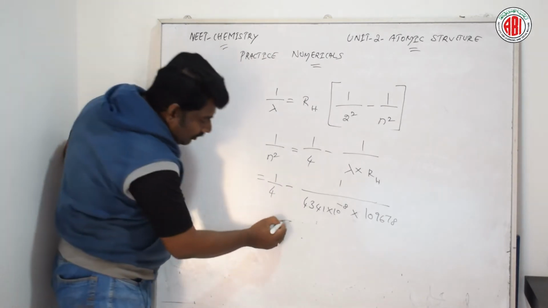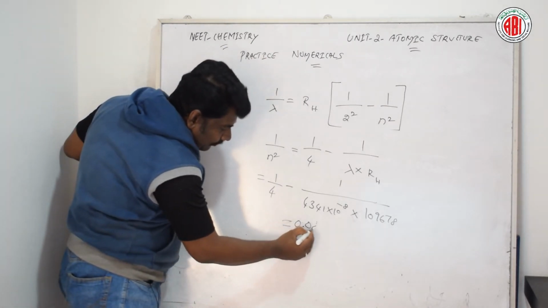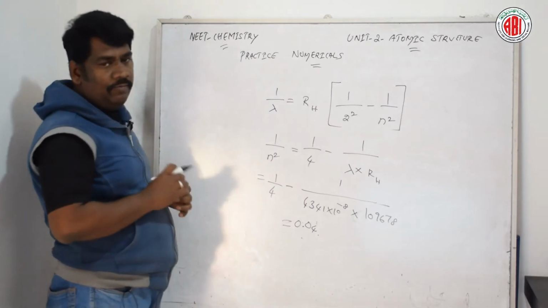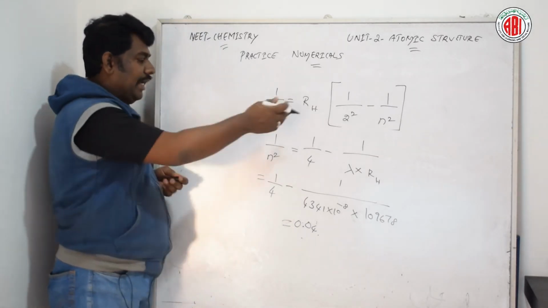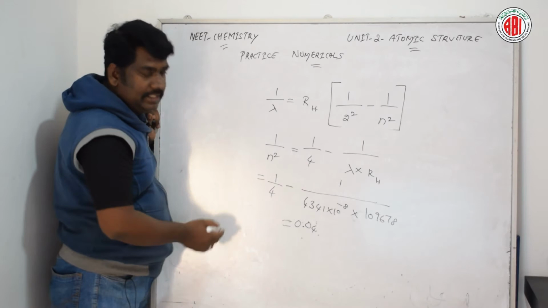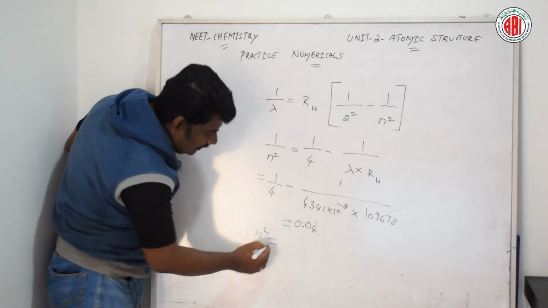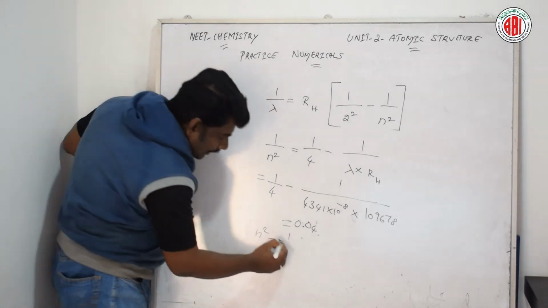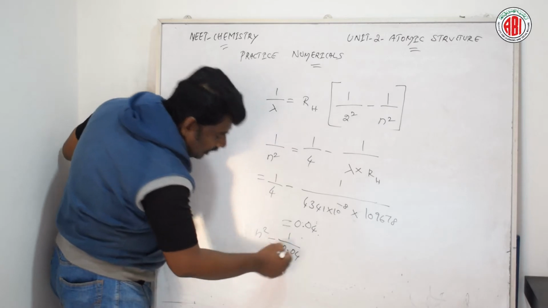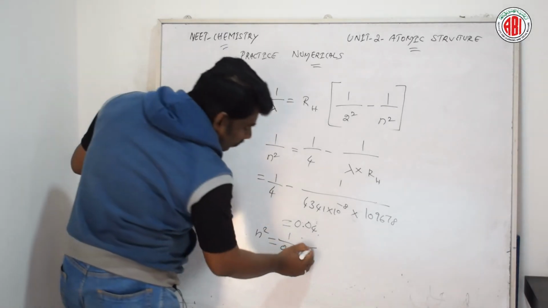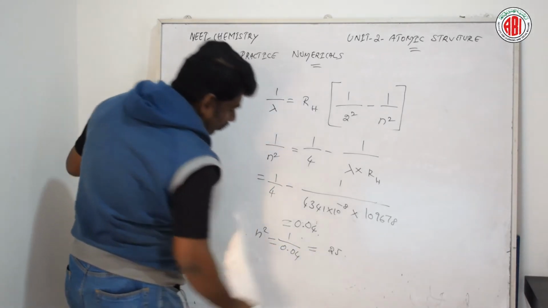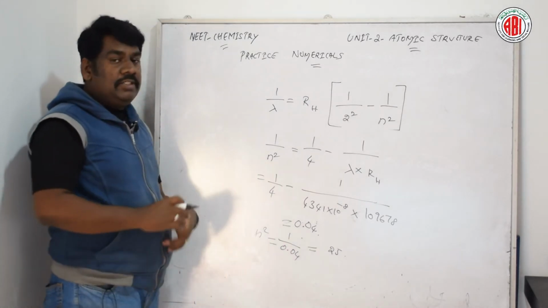Simplifying this, we get 0.04. Now n square is equal to 1 by 0.04. Simplifying this, we get 25. So n square value is 25.